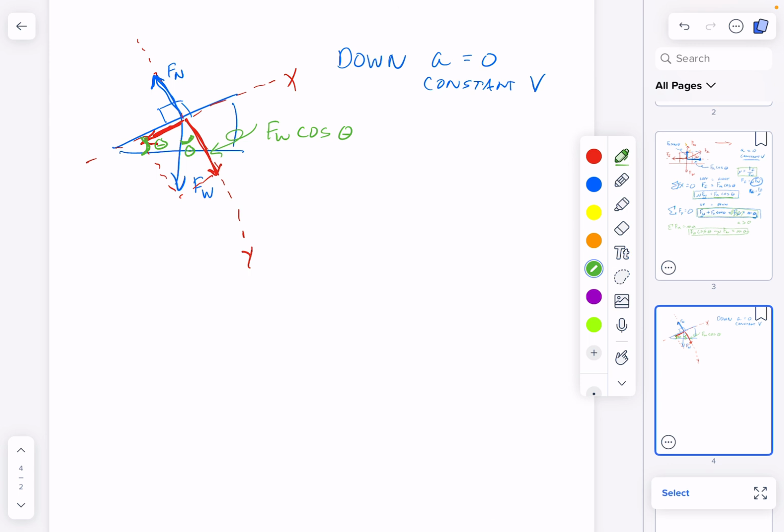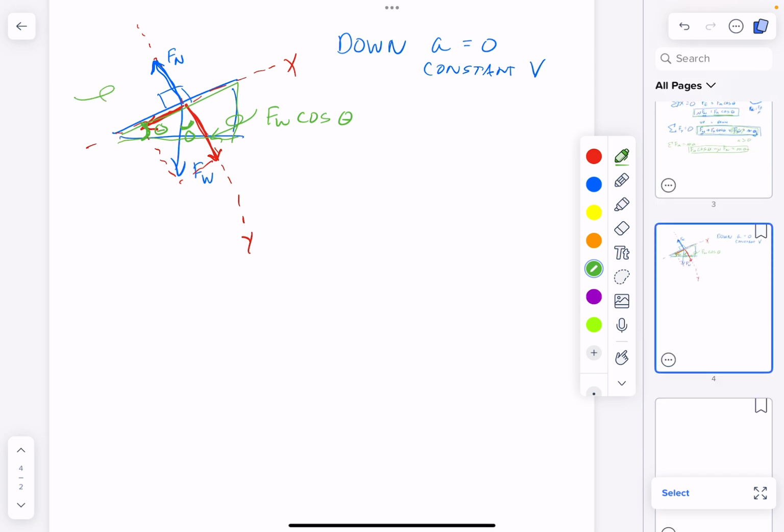You could create similar triangles if you wanted to and prove that to yourself, that those 2 angles, the angle for the actual triangle representing the solid incline resting on the surface of the earth, and the angle representing the components of the weight vector, that's the same, always will be the same angle. And then this vector right here is going to be my weight vector times the sine of theta.